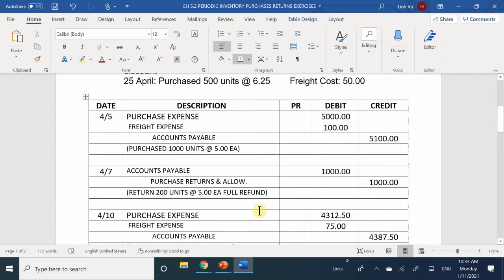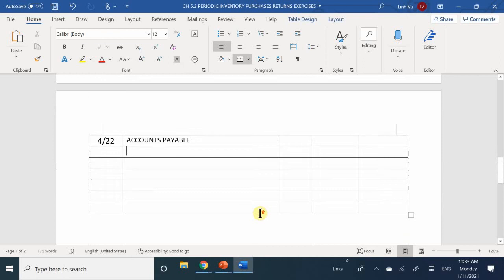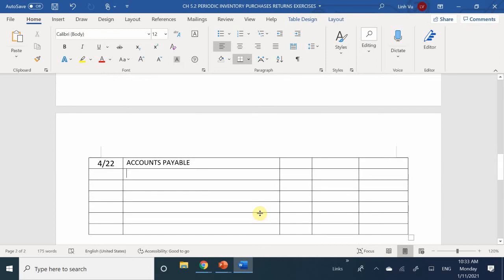So if I'm trying to attempt to return 25 of them because they were the wrong color, but I'm willing to accept the 20% discount, how much is my actual amount I'm actually going to be refunded for? $30.